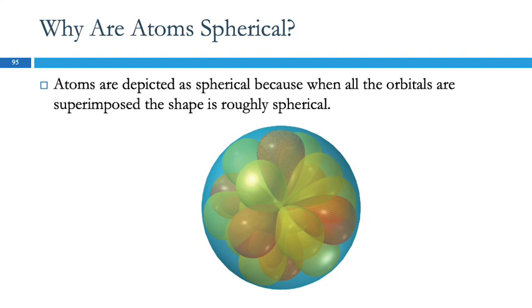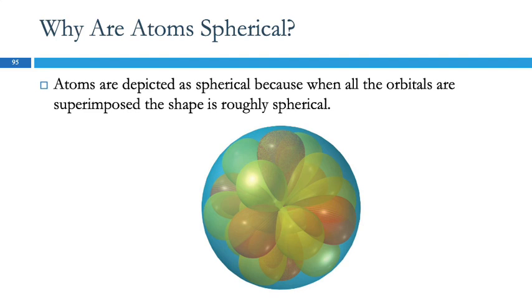So we've got all of these crazy balloon art things, then why do we represent atoms as being spheres? Yeah, because they can all be in and through each other, because what are they? They're waves or tiny particles, it's just really, you don't want to think about it too hard.